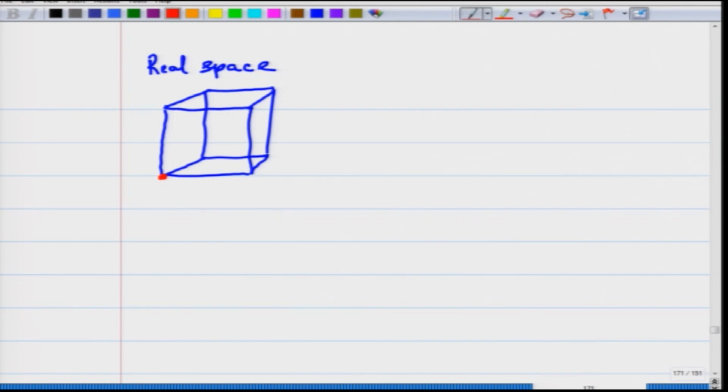In real space, if you have a body centered cubic lattice, you have points which are at the corners of a cube, but there is one point sitting in the center of the cube. And let us define my coordinate axes: let us take this as my z axis, this as my x axis and this as my y axis.